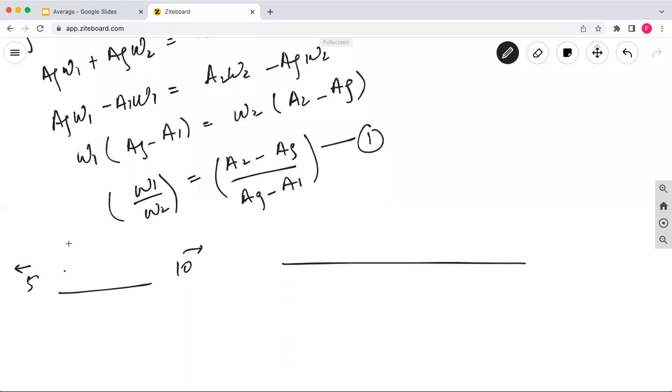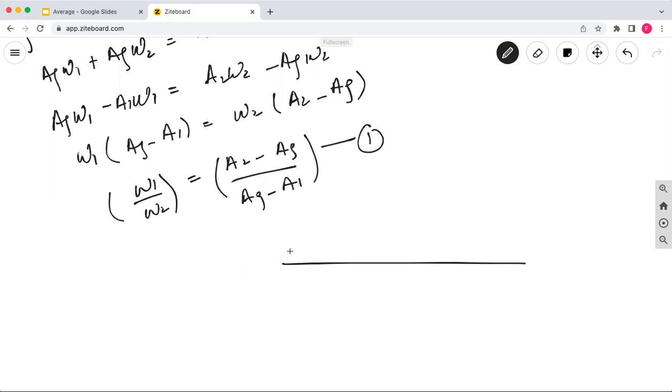Just like the example we take, for example, in a class, the average of overall boys is 5 and overall girls is 10. So if we take the combined average, that can never cross 10 or be less than 5. That must be somewhere between these. Am I right? Yes, you are. That's the concept here.